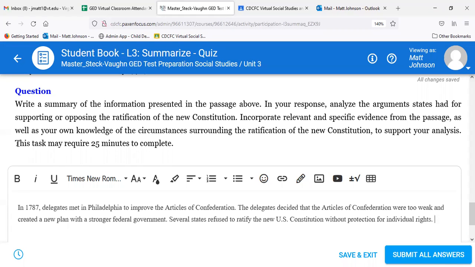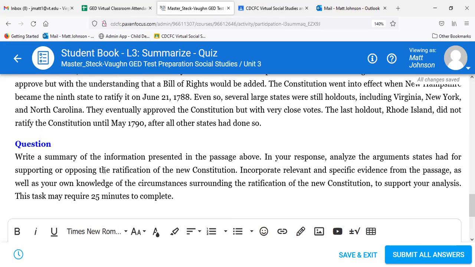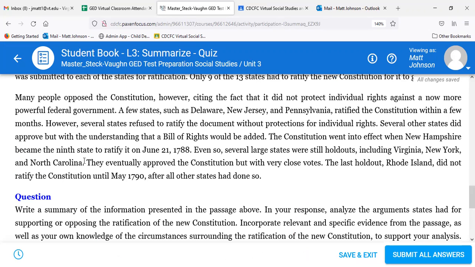So for the next sentence, we really only need maybe one more to wrap it up. And that's just going to point out that, with the Bill of Rights added, the rest of the states followed along. And then maybe put something in as far as its ratification in 1788.